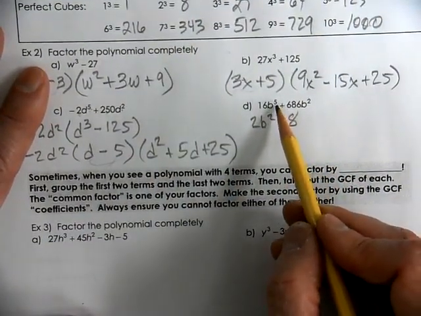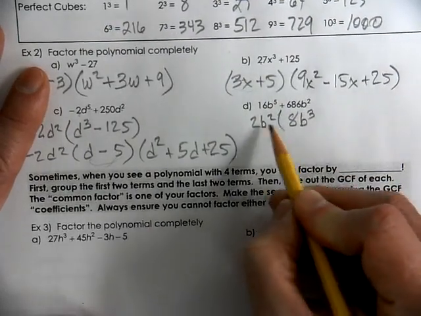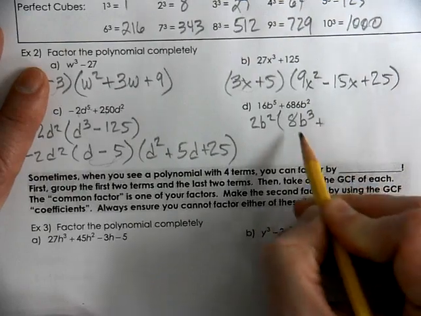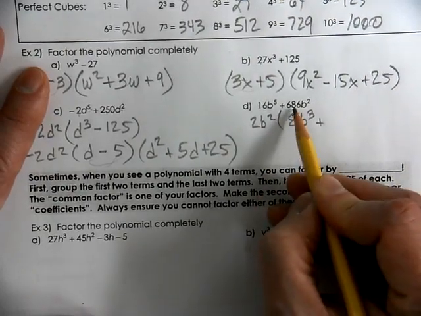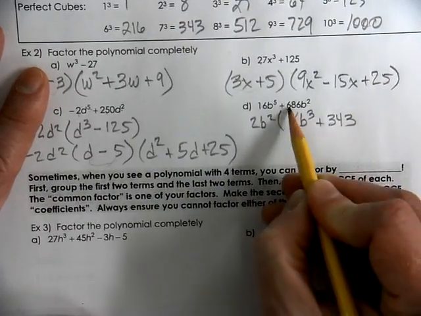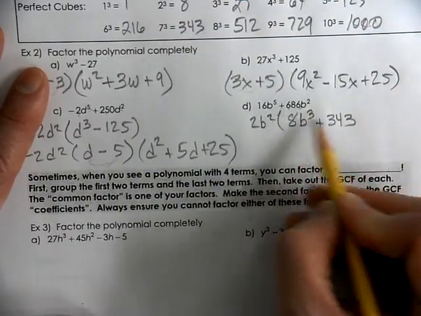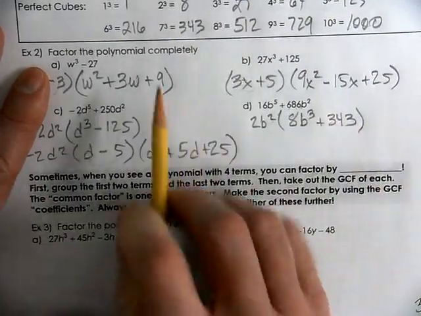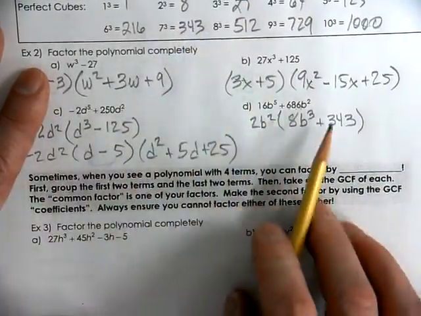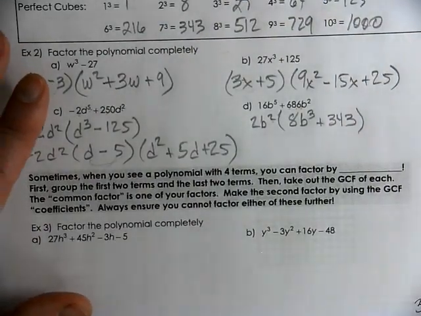If I take 2 b's away from that, I'm going to have b cubed. Plus, take a 2 away from that, 343. Take 2 b's away, that leaves me with no b's. And 343 is a perfect cube. Perfect. I got the sum of two cubes.